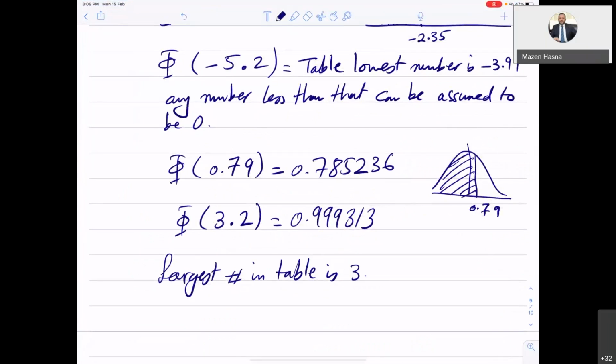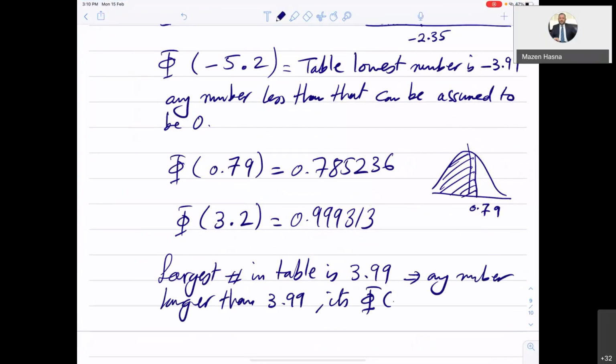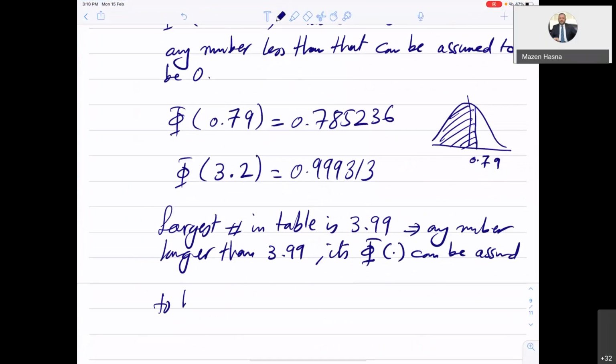Which means any number larger than 3.99, its phi can be assumed to be 0.